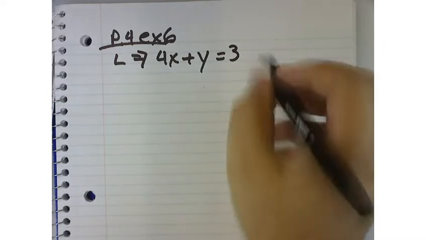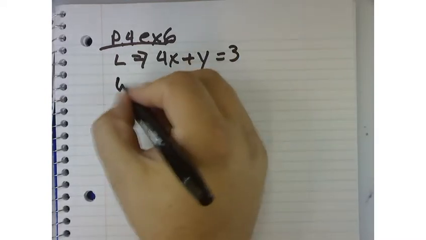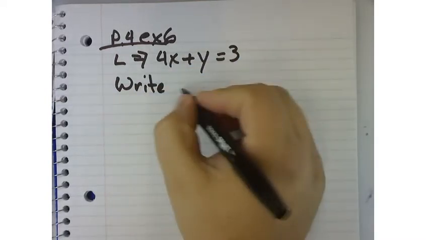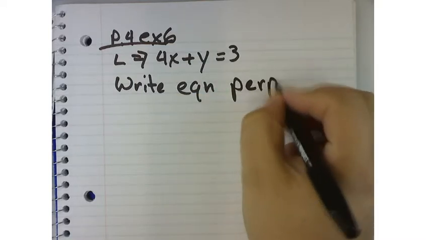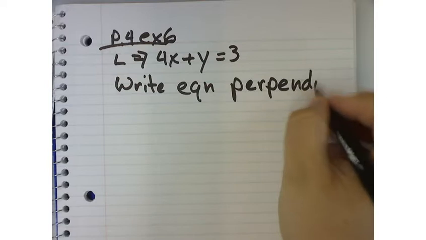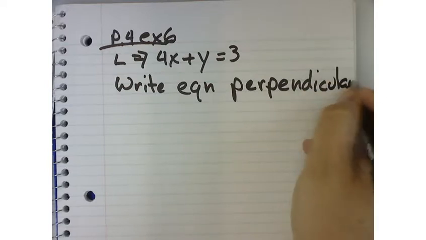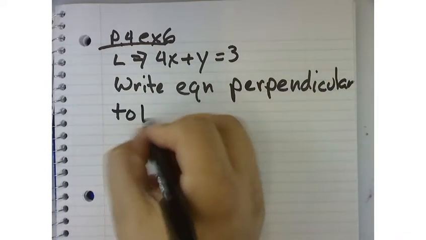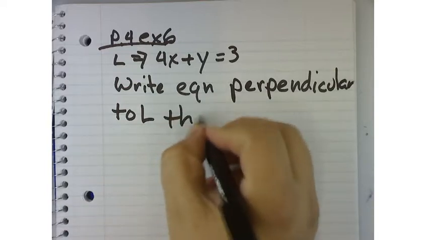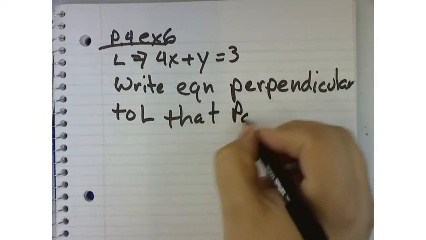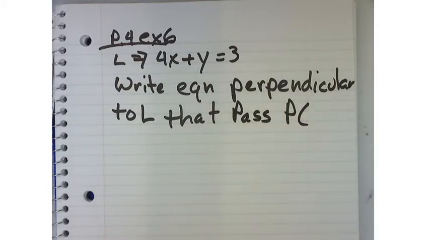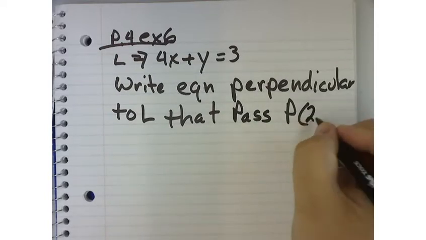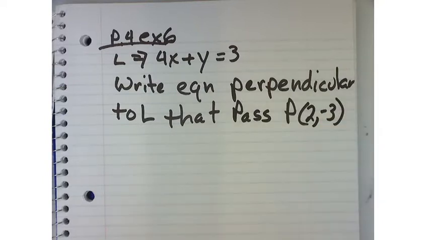And we are told to write the equation perpendicular to L that passes through the point P, which is 2, -3.